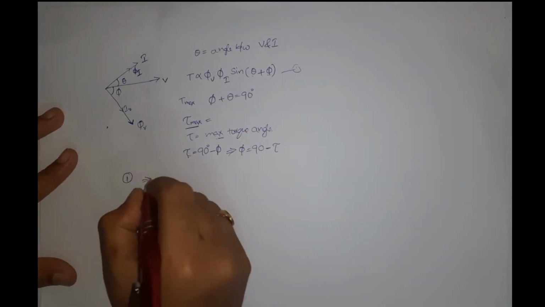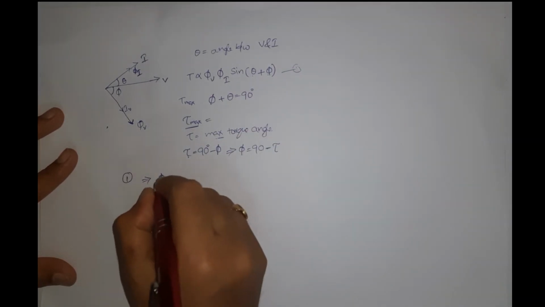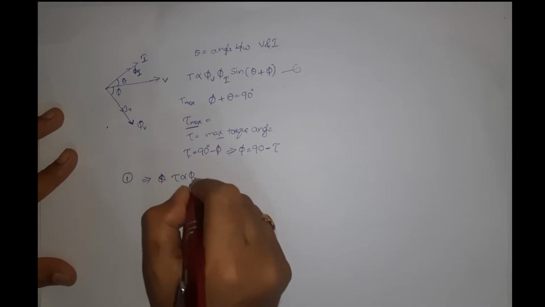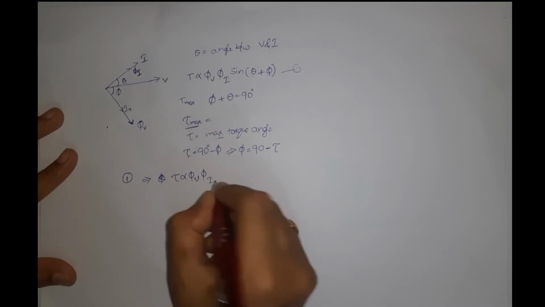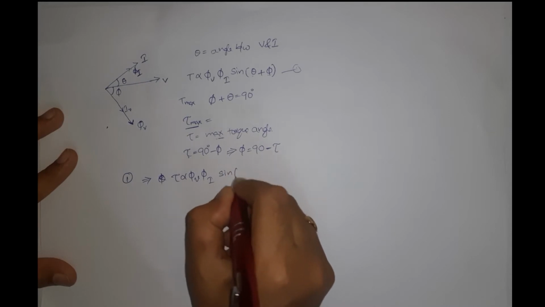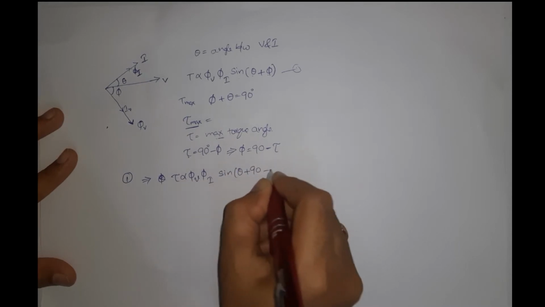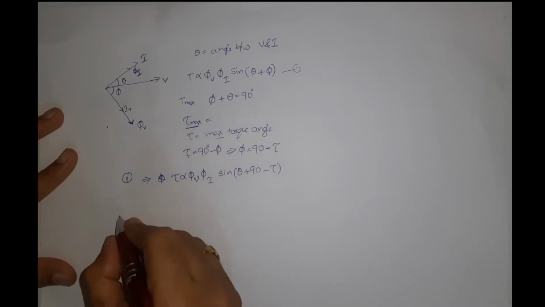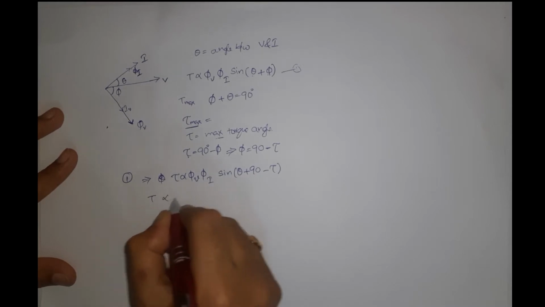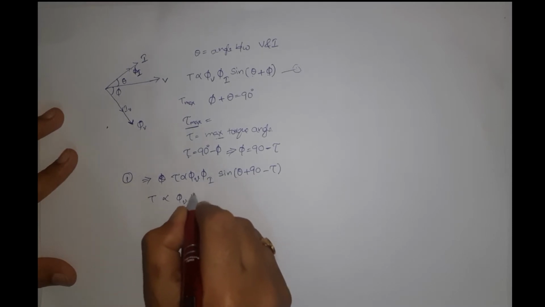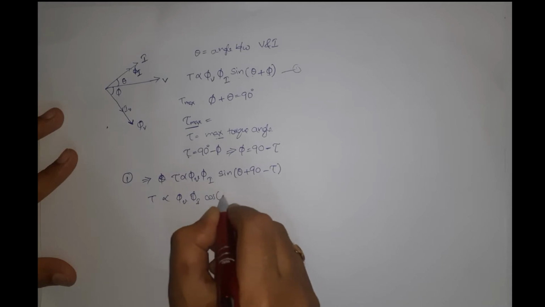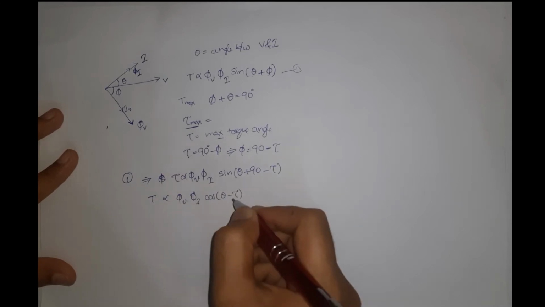Now equation 1 we can write as torque proportional to phi V phi I sine of theta plus 90 minus tau. So torque is proportional to phi V phi I cos of theta minus tau.